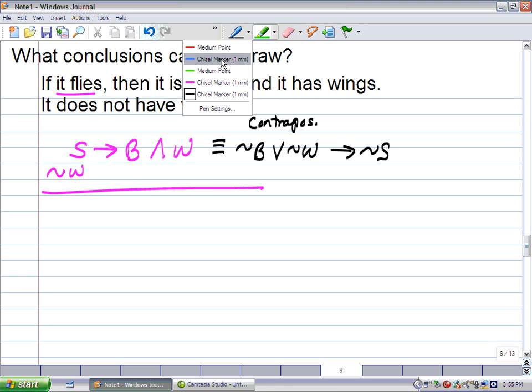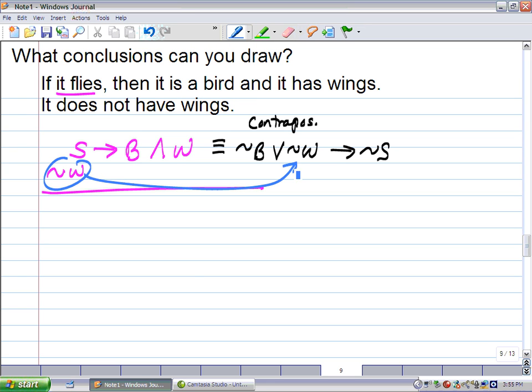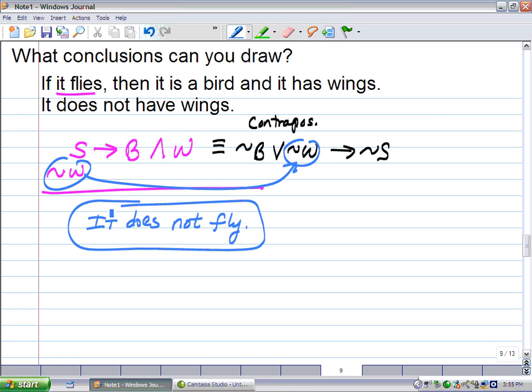And guess what? This one's saying I know this one, so together I know this one, so I can make a conclusion. It does not fly. It's the only conclusion I can make at this time.